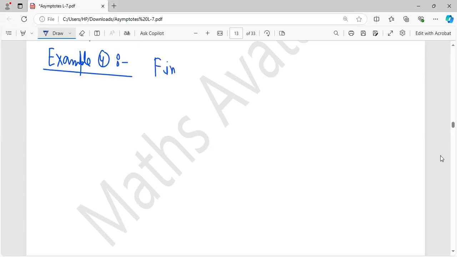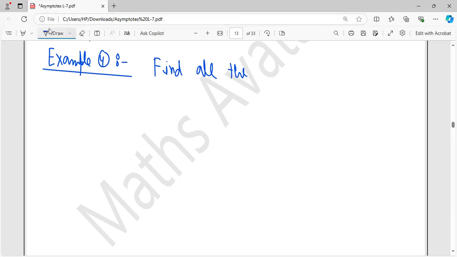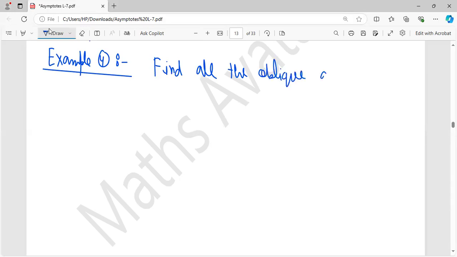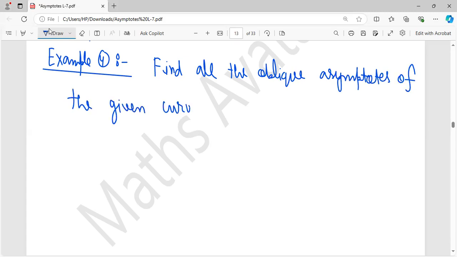Find all the oblique asymptotes of the given curve: y minus 2 x square minus 1 is equal to 5.